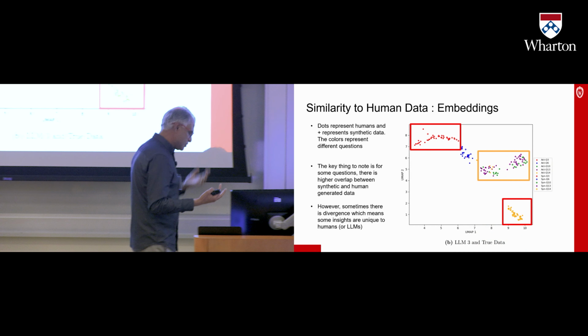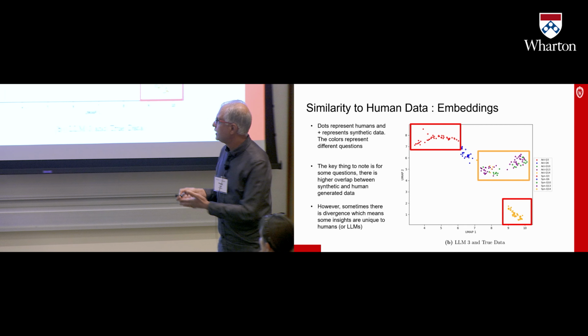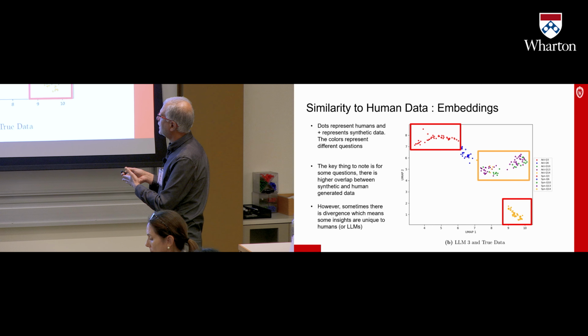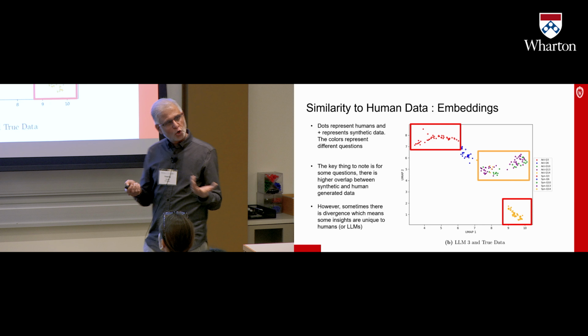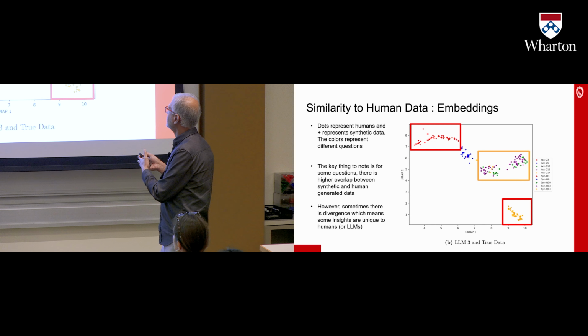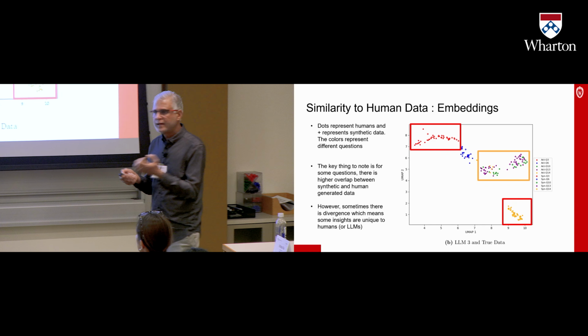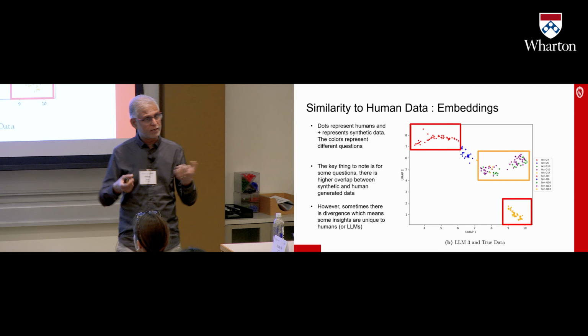The other interesting aspect is, here a dot is a human and a plus is synthetic data. So any overlap is good, right? You're recovering the truth. But anything outside is synthetic only or humans only. So you are getting insights that the humans did not give, and insights that the LLMs did not give.